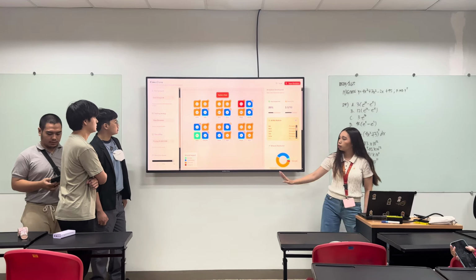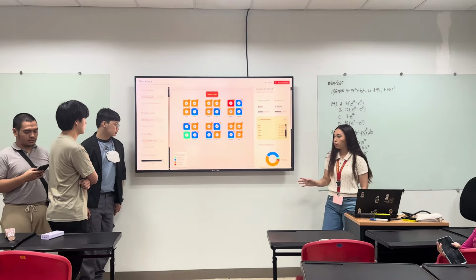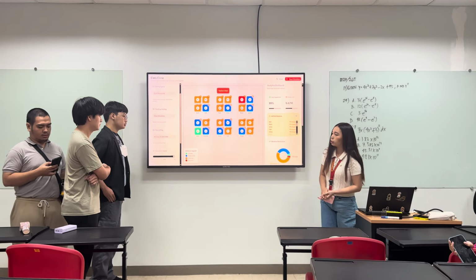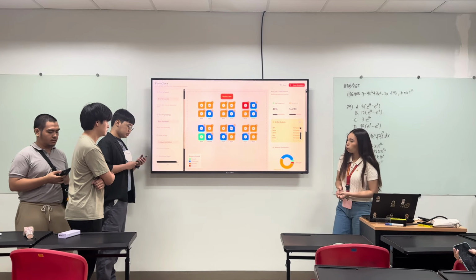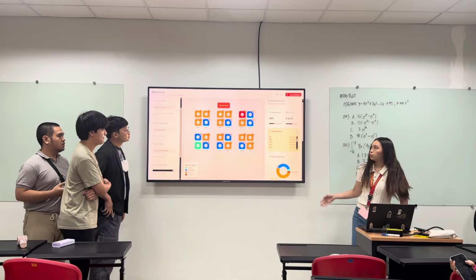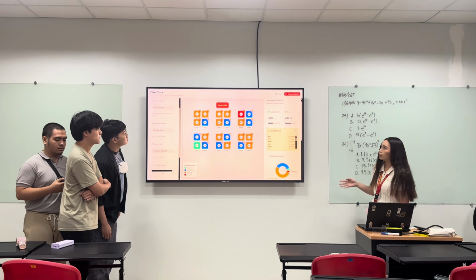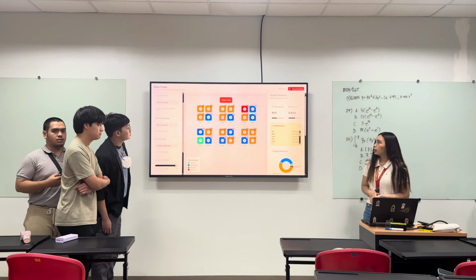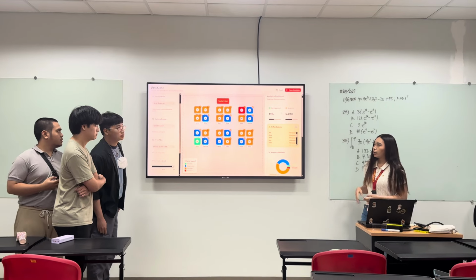Now, at the bottom of the screen is the behavior color indicator, whether the students are focused, collaborative, distracted, or disruptive. Now for the right side of the screen is the analytics dashboard, where we can see the average engagement percentage and the noise level of the classroom.